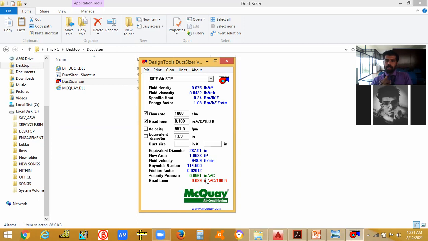Make sure that it should come between 0.08 and 0.12. And when you are designing it, you have to make sure that there should not be any greater variations in the head loss. Let it come between 0.08 and 0.12. It's not an issue, but better give it 0.1.